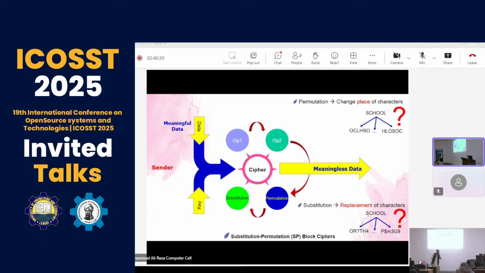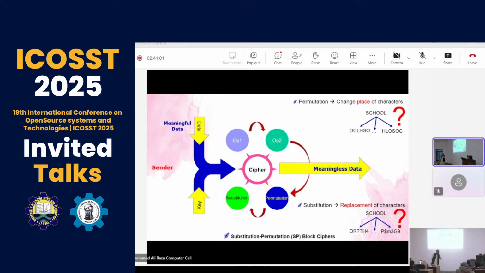So these are the permutations, okay? In a permutation, we change the place of the characters, bits, or bytes. School has been permuted as OS and HSO, and similarly another one.